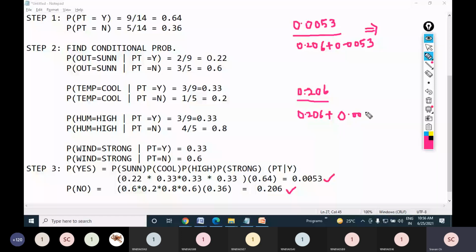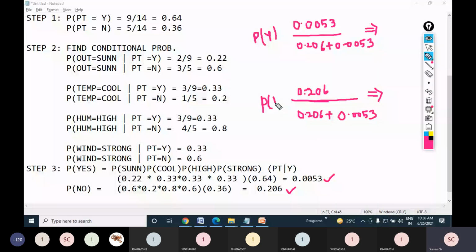So two answers I want, my dear friends, and I'll tell you the purpose of this calculation. 0.0053 is our P of yes, and 0.206 is for no.